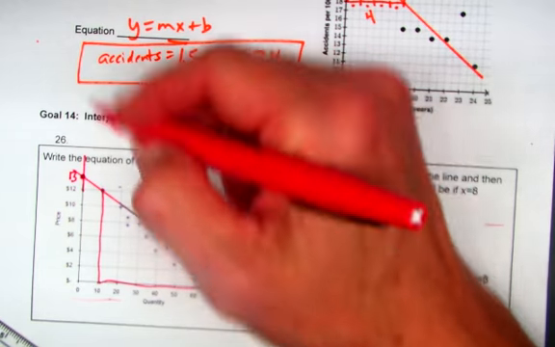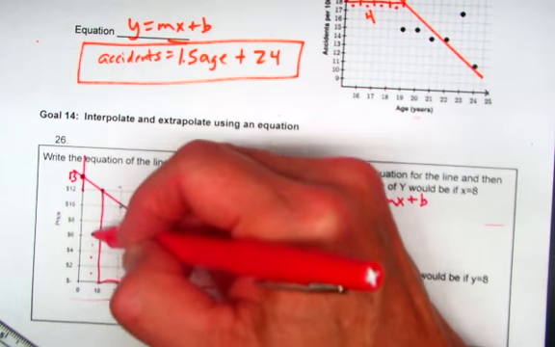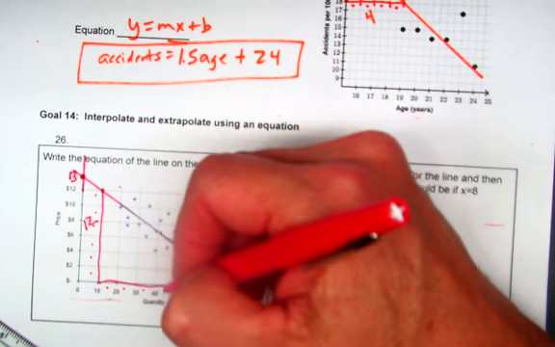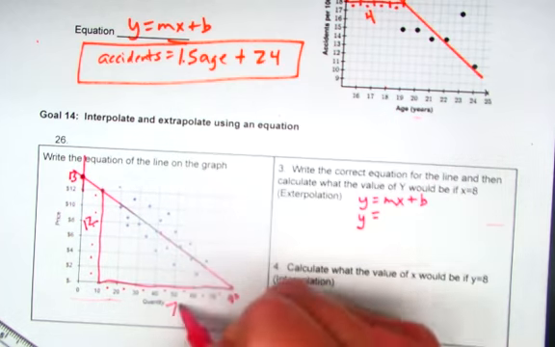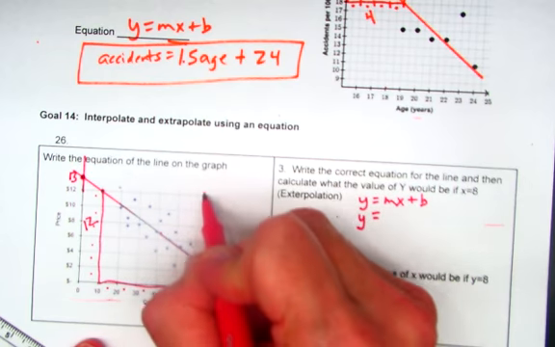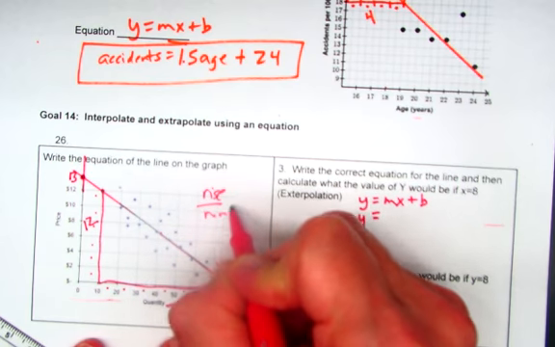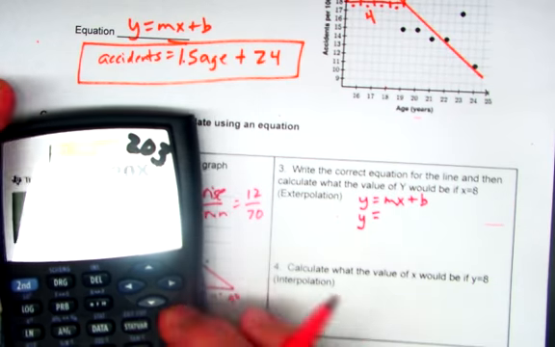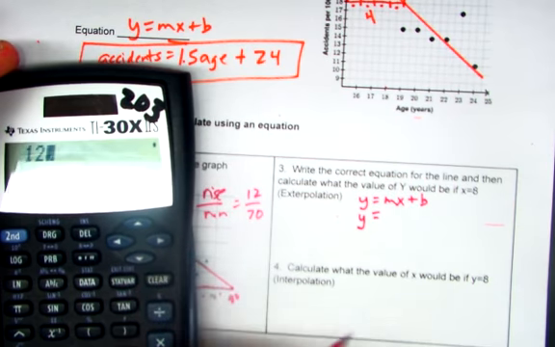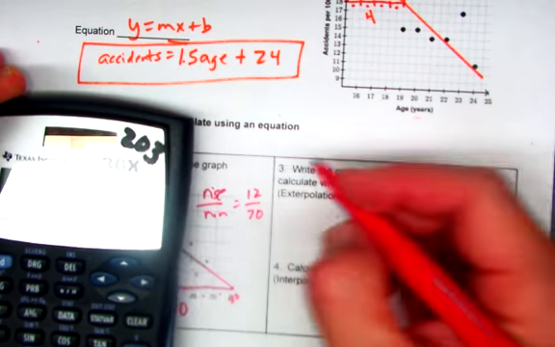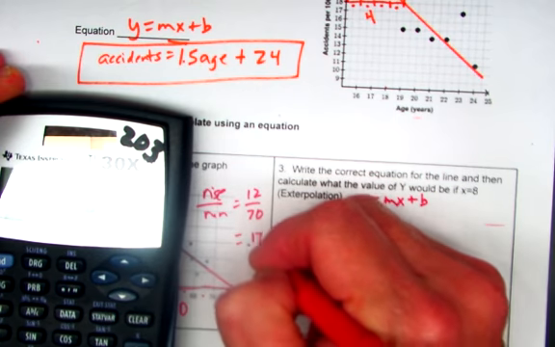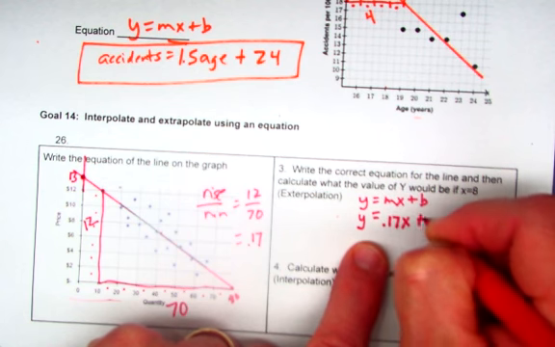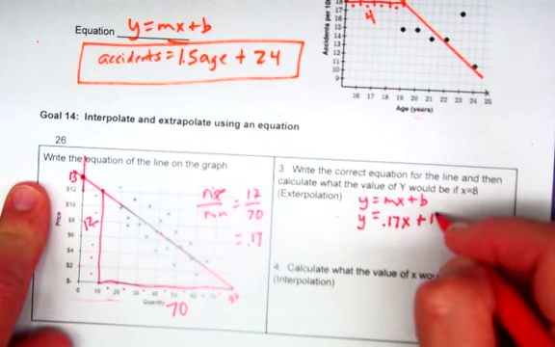My rise would be 2, 4, 6, 8, 10, 12. My run would be 10, 20, 30, 40, 50, 60, 70. So my slope is rise over run, which is 12 divided by 70. Quick calculation, that equals 0.17. I'm going to plug that in for my slope: 0.17x plus my b, which we decided was 13.